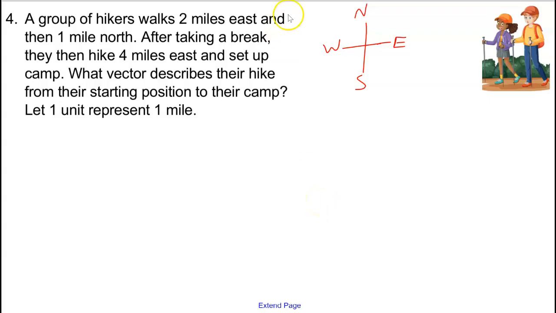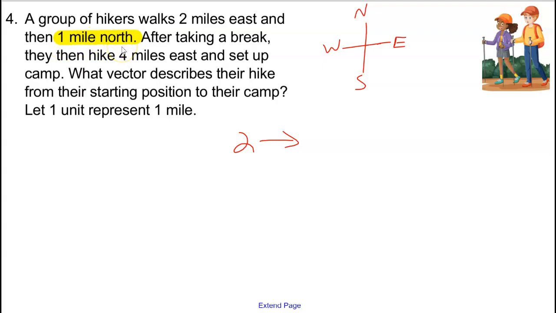All right, now that should help us a little bit. So let's see what else we've got here. We've got 2 miles east. Which direction would that be? Is it going to go up, down, left, or right? It's 2 miles this way. Now, let's take a look at this. 1 mile north.